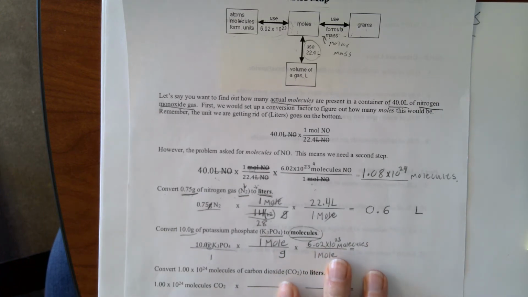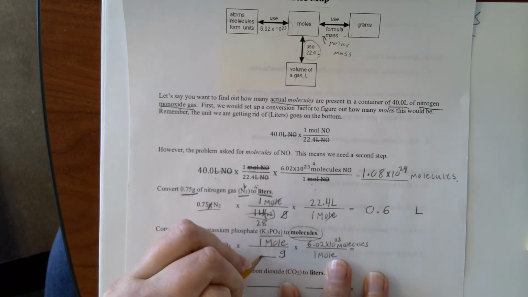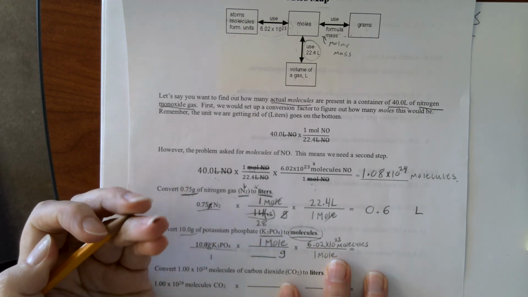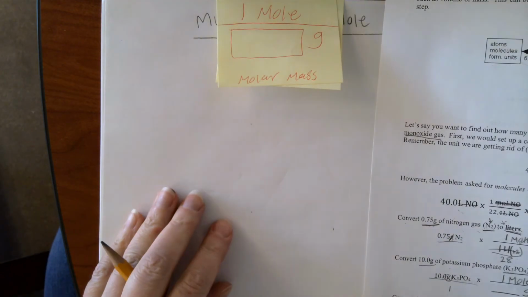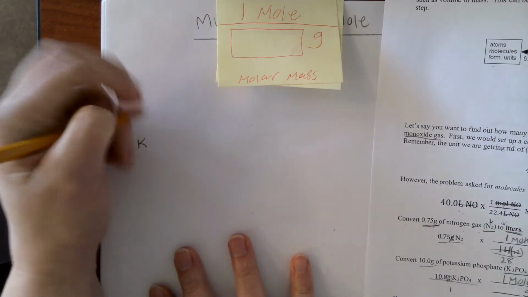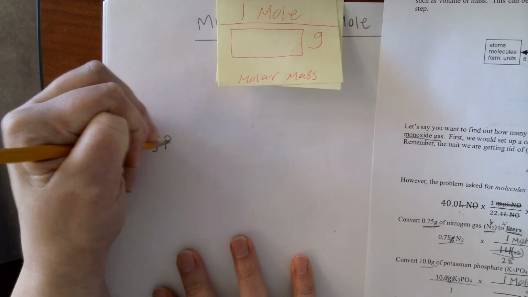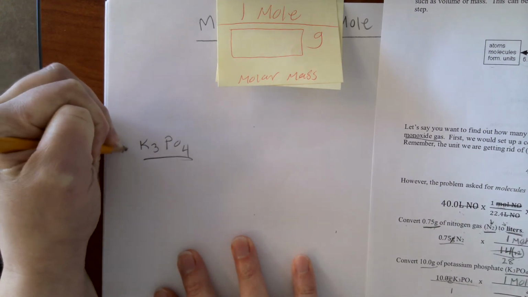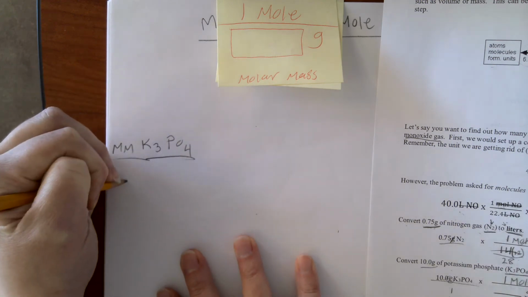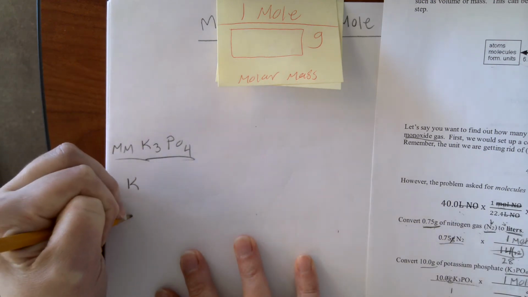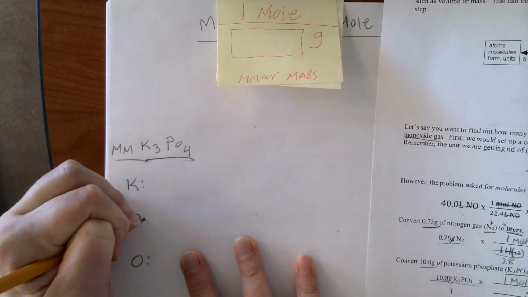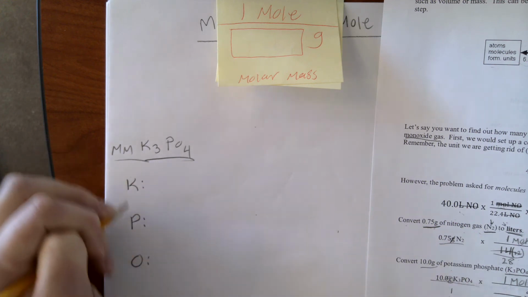Now you'll notice the only thing we have to figure out here is how heavy potassium phosphate is. And so you just have to find the molar mass. Okay, so K3PO4, you have to find the molar mass of that. So we have K, P, O: potassium, phosphorus, and oxygen.